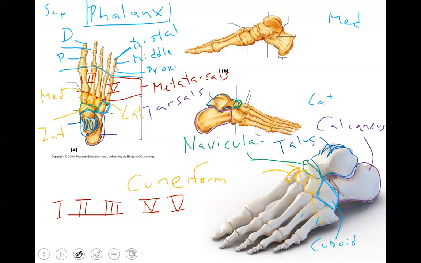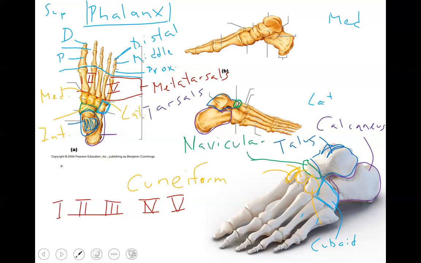Just to walk you through this one more time, here we have the distal and the proximal phalanx. We have, oh goodness, that is just not working out very well.